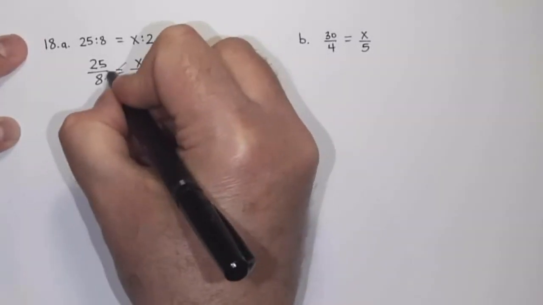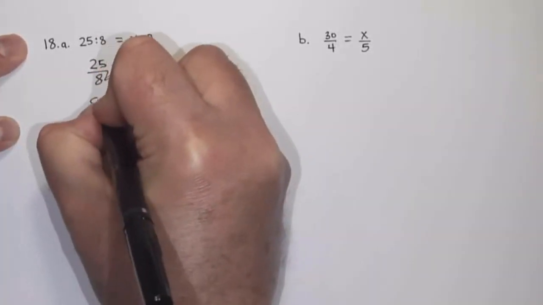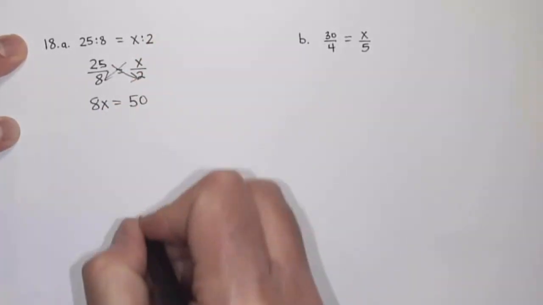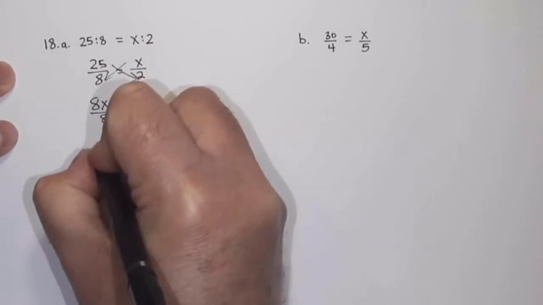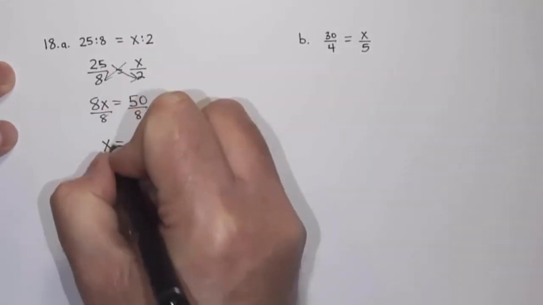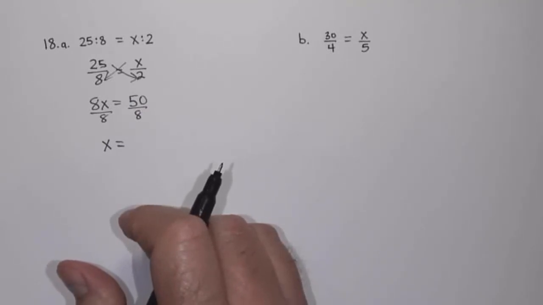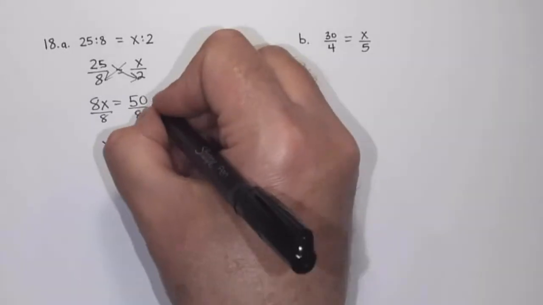So to solve a proportion, we can cross multiply. So I'm going to take x times 8, which would be 8x. 25 times 2 is 50. And so to solve, we divide both sides by 8. And so x equals 50 divided by 8. And 50 divided by 8, we could either reduce that.